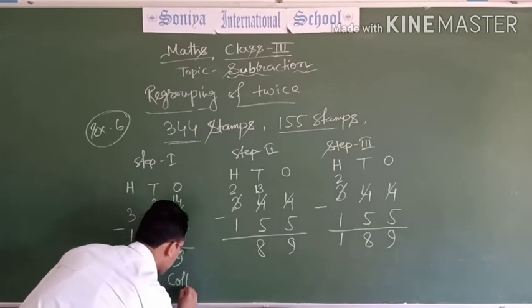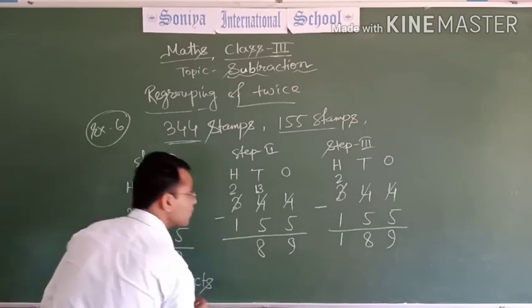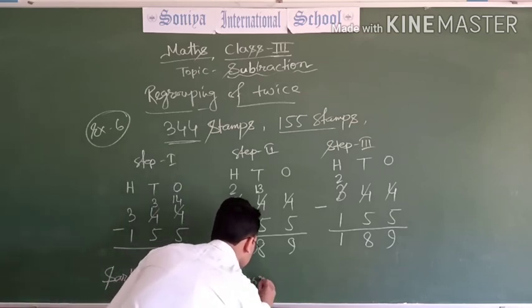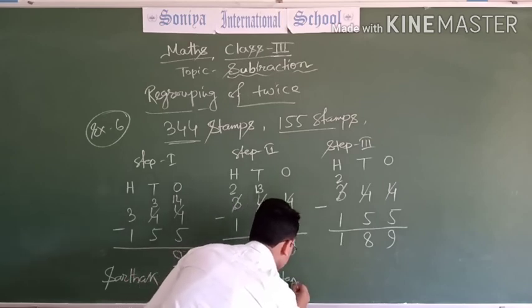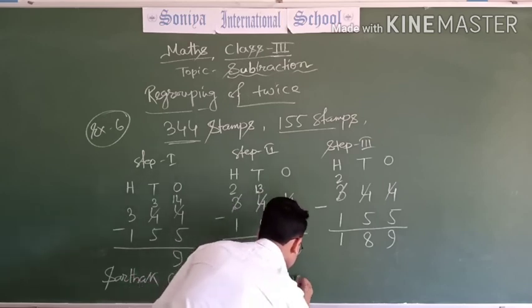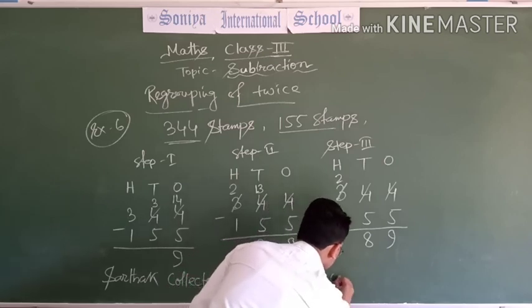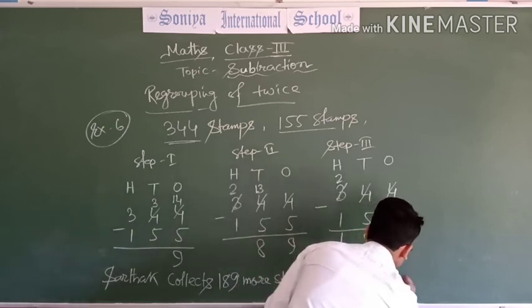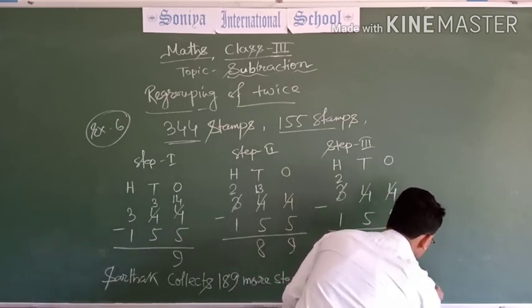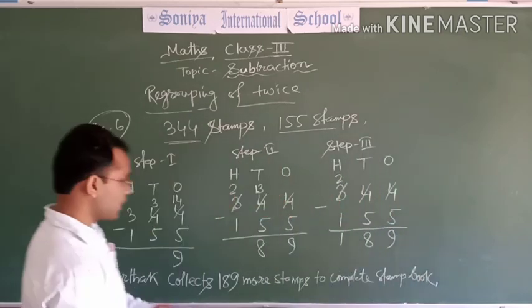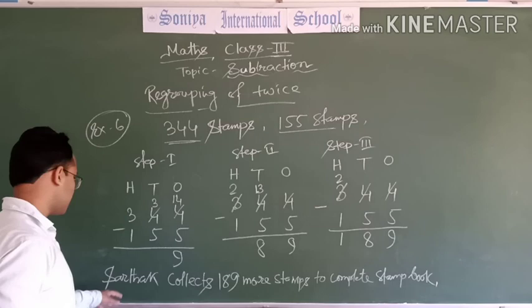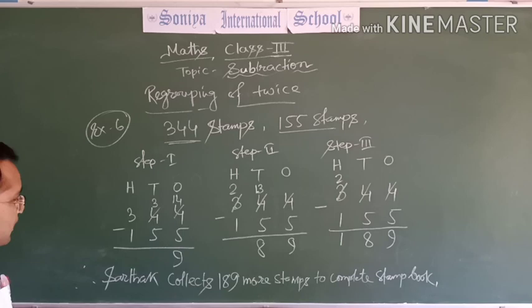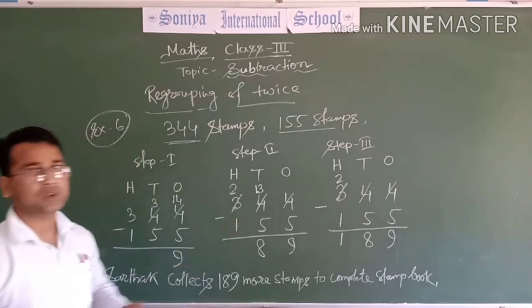Sarthak collects 189 more stamps to complete the stamp book. So Sarthak collects 189 more stamps to complete the stamp book.